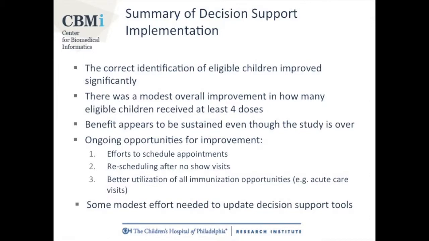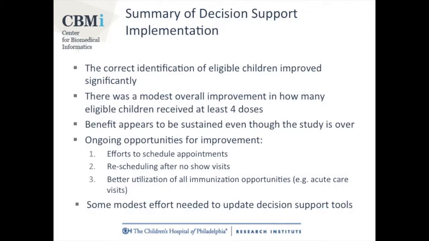So in summary, for my portion, we were able to, with our intervention, correctly identify the majority of children who are eligible to receive palivizumab thanks to this project. There was a modest improvement overall in how many children actually received at least 4 doses. And the benefit does appear to be sustained even though the study is over.